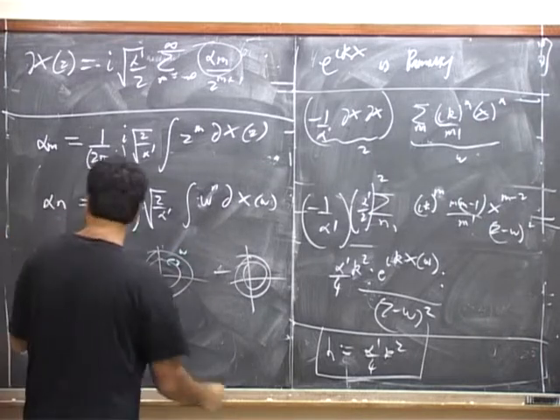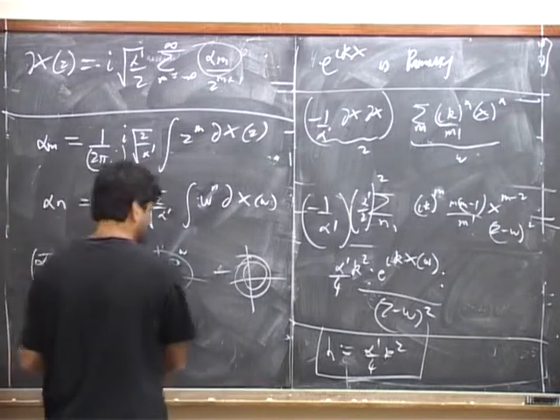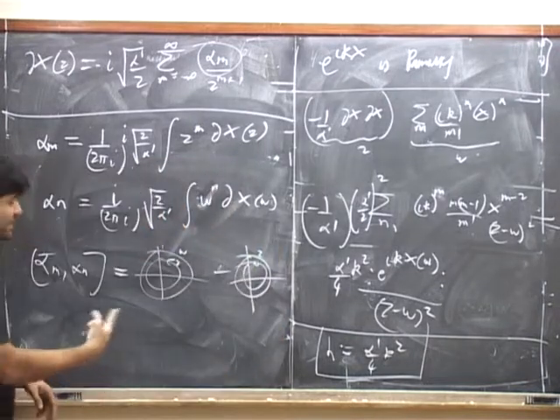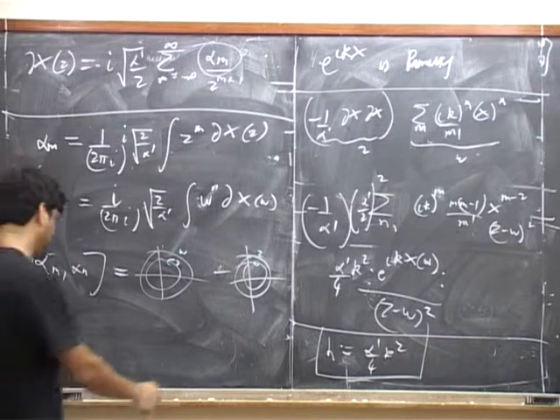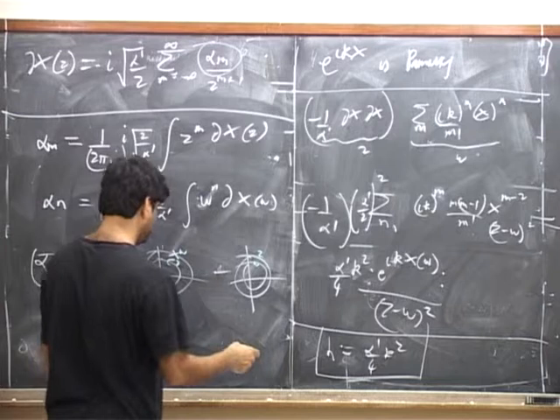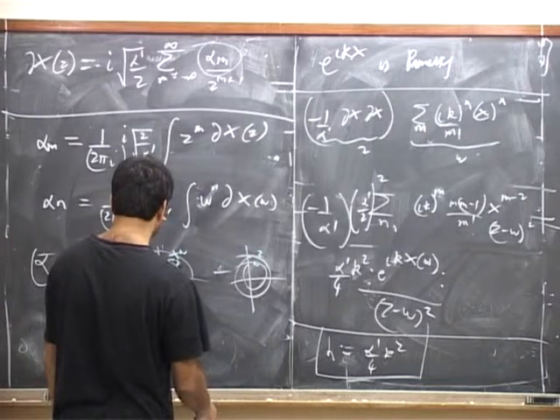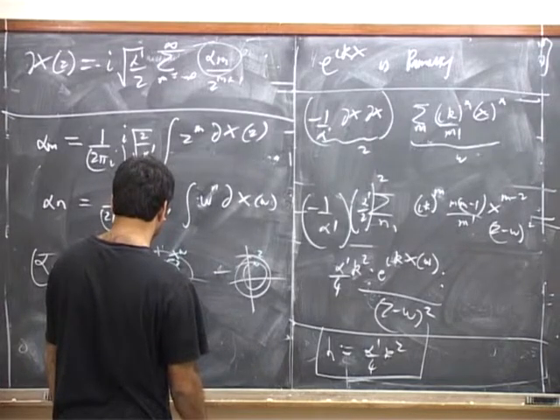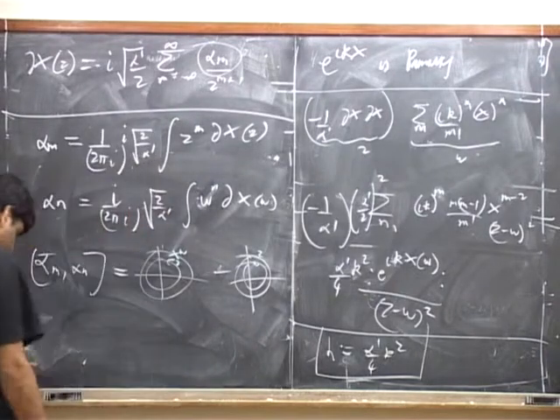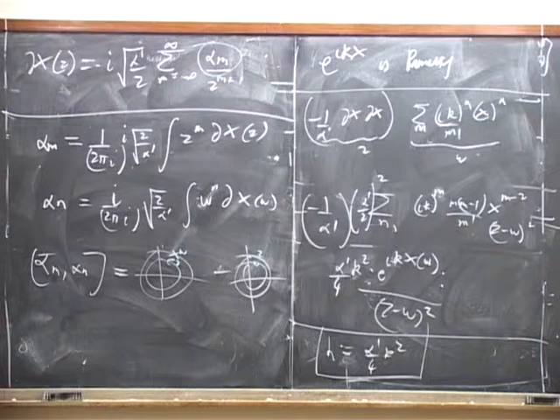And in the next expression I have n first and so inside. So this is w and z. Sorry, I said it the other way around.